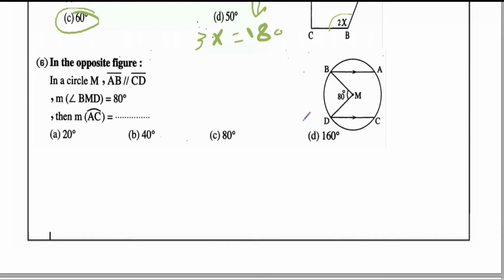Remember that if AB is parallel to DC, therefore the measure of the arc AC equals the measure of the arc BD. And what is the measure of the arc BD? Yes, very good. It is 80 degrees because the central angle equals the measure of its arc. So the measure of the arc AC also equals 80 degrees.